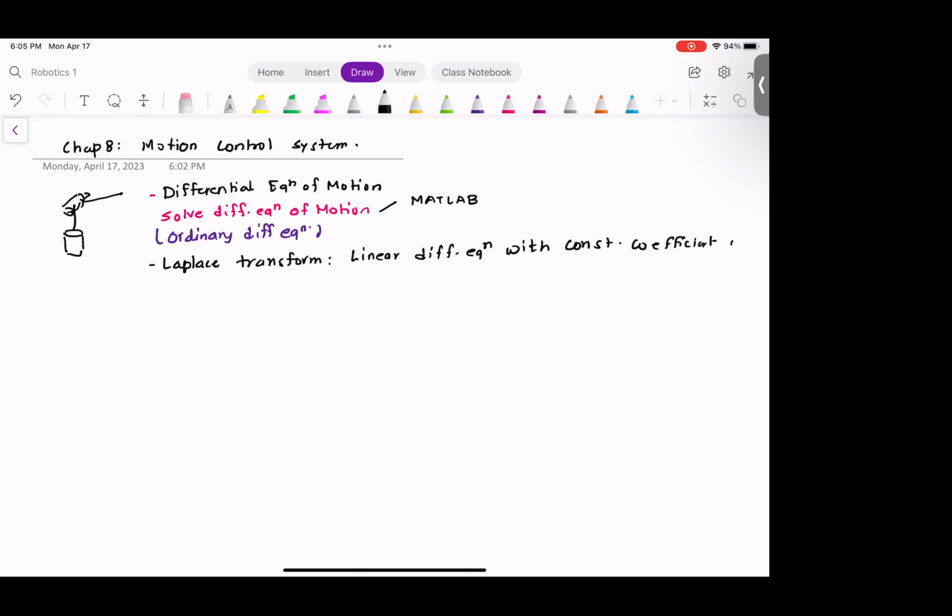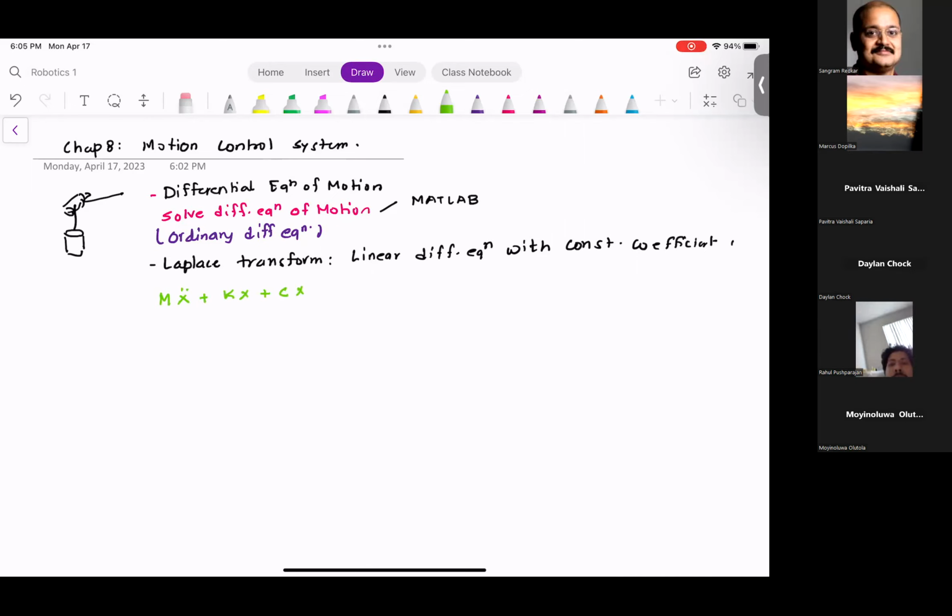So what are we trying to do here? If you look at the robot arm, it comes up with a very big differential equation, something like m x double dot plus c x dot plus k x is equal to f of t.